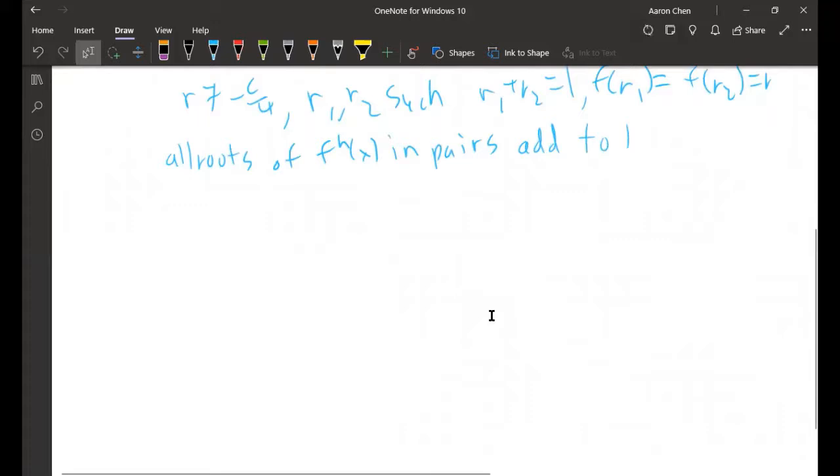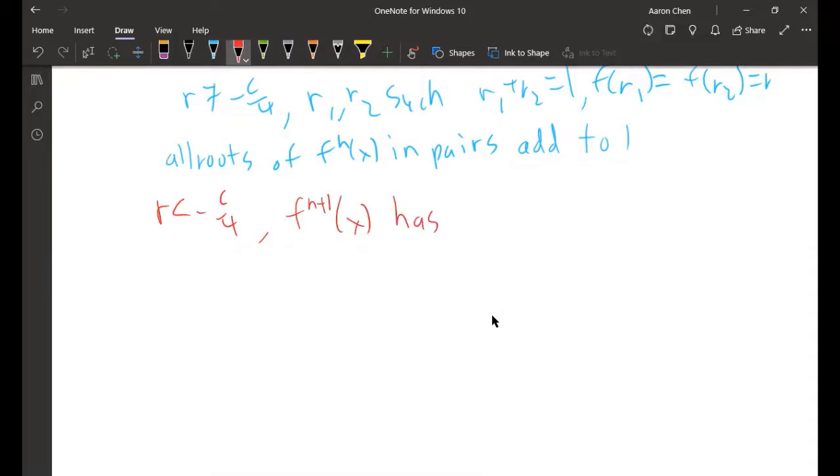Now we can see that if r is less than negative c over 4, then f to the power of n plus 1 of x has an imaginary root.